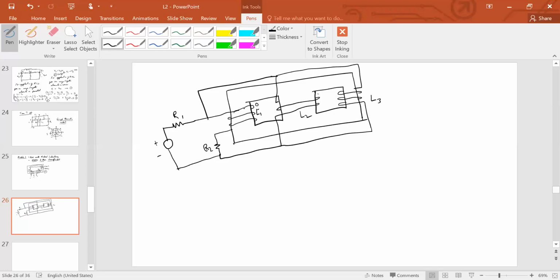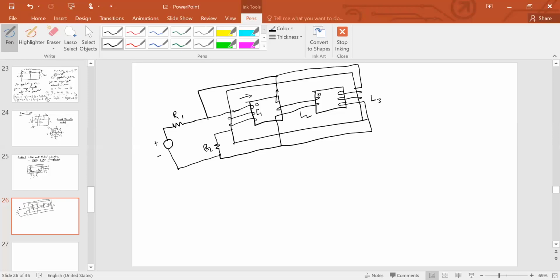So if this is the direction of current here, then this is going to be the direction of flux. If this fellow has to oppose this flux here, then it must send out a current in this direction. And in order to do that, this end must be the positive end, because now this becomes the source of the EMF.